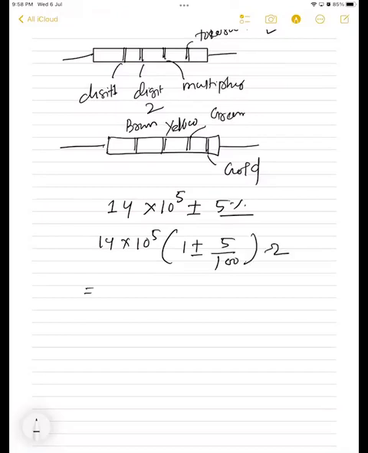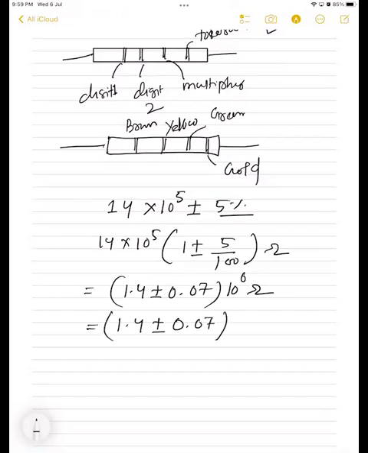So that is equal to 1.4 plus or minus 0.07 into 10 to the power 6 ohm. So 10 to the 6 means mega ohm. Sometimes the options are given in converted form, right? So this can be written in mega ohm, correct?